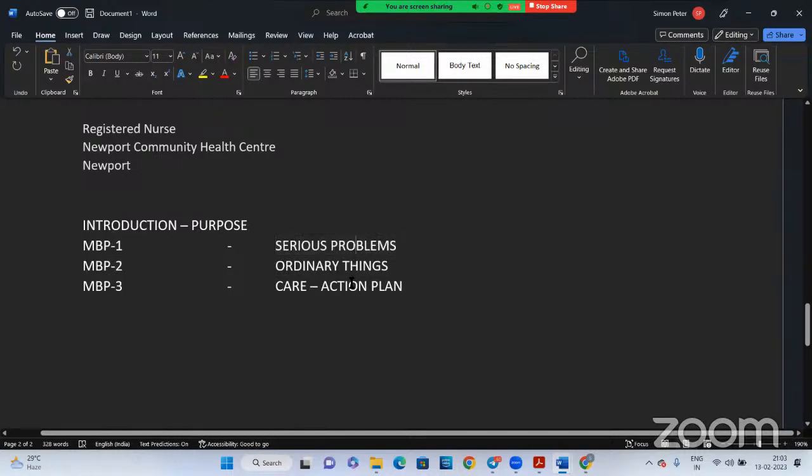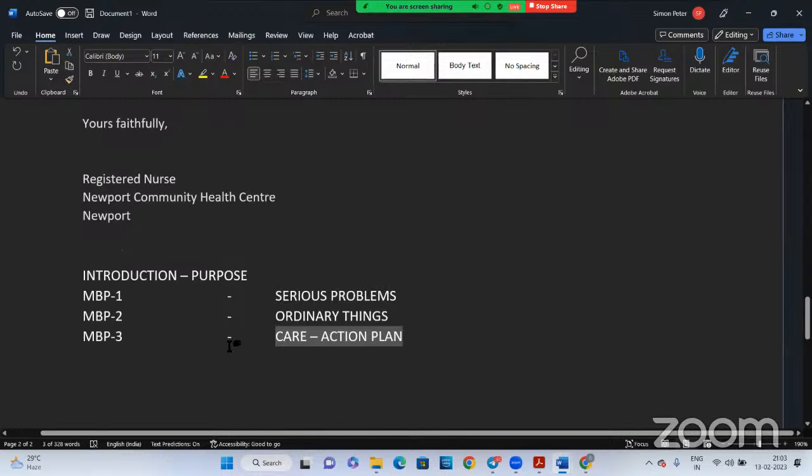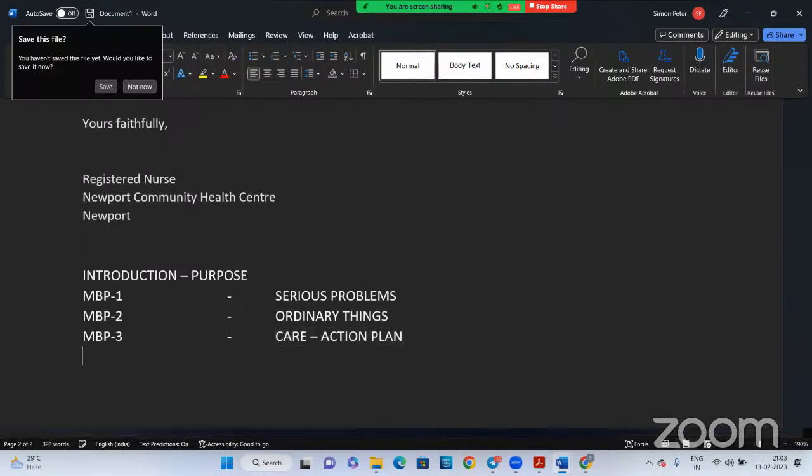So this and this are very important. Okay, right. Next one, conclusion. Conclusion is related to reiteration of purpose from a different angle.